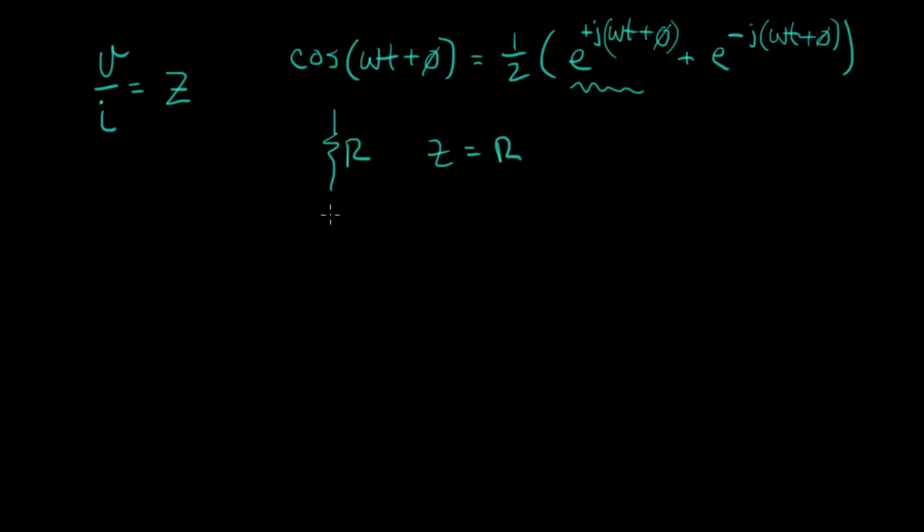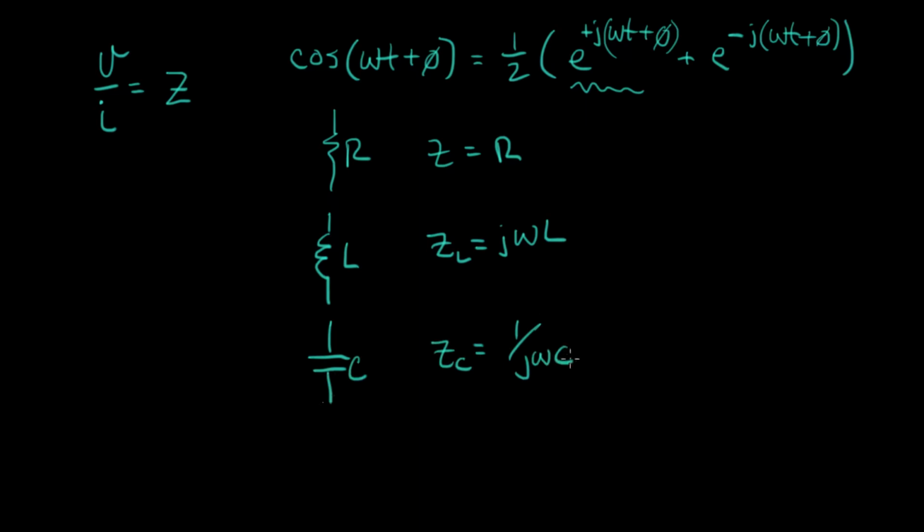And for an inductor, we decided Z of an inductor was equal to j omega L. And finally, for a capacitor of value C, ZC equals 1 over j omega C. So those are the three impedances of our three favorite passive components.